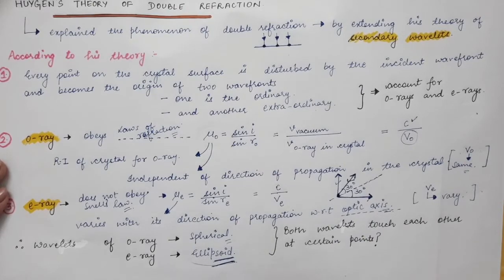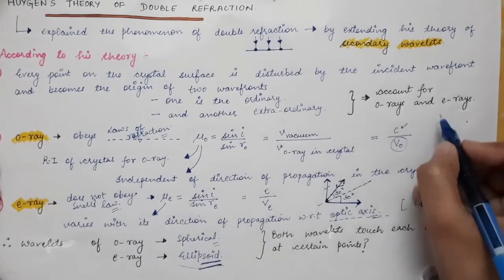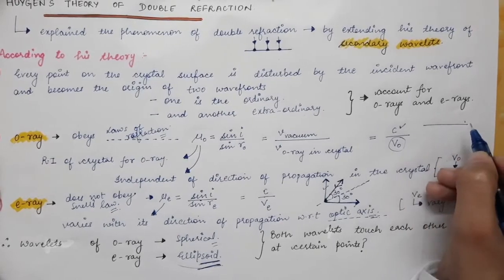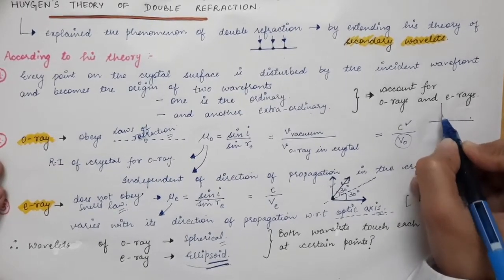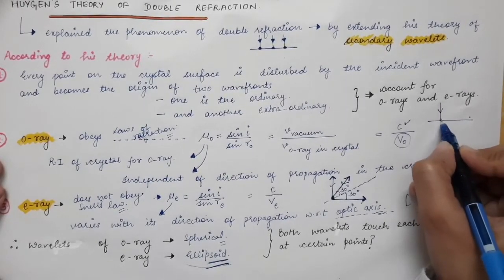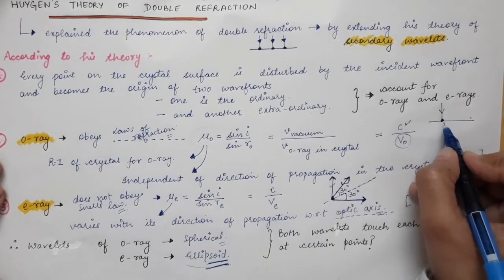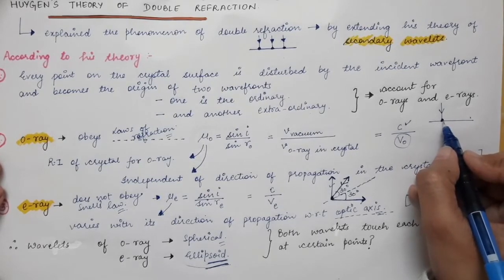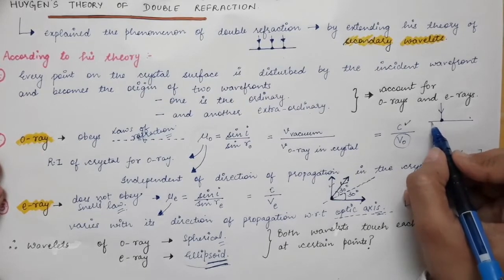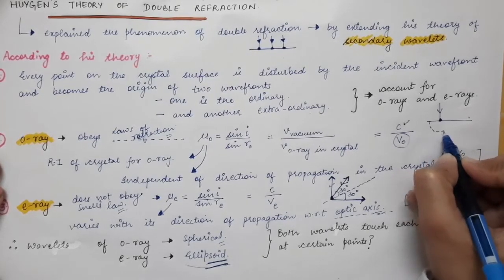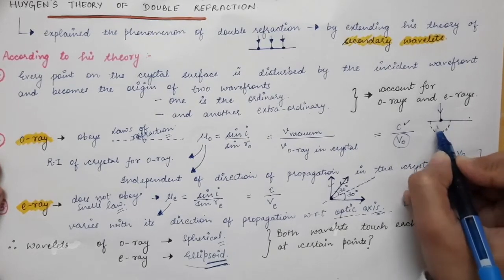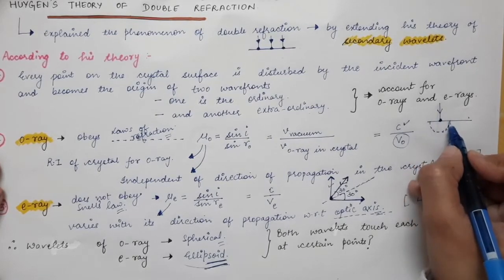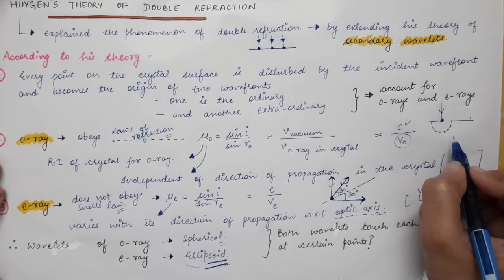So what do we mean by this ellipsoid wavelet? Let's say this is the crystal surface, and light is falling on this crystal surface. This point will become the origin of new wavelets. For the case of O-ray, the wavelets will be spherical in shape. We will not draw the wavelet in the backward direction because light propagates in the forward direction.